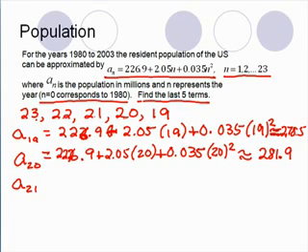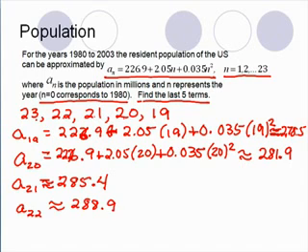And if we do the same thing for 21, 22, and 23, we'll see that 21 is approximately 285.4. 22 is about 288.9, and 23 is about 292.6.